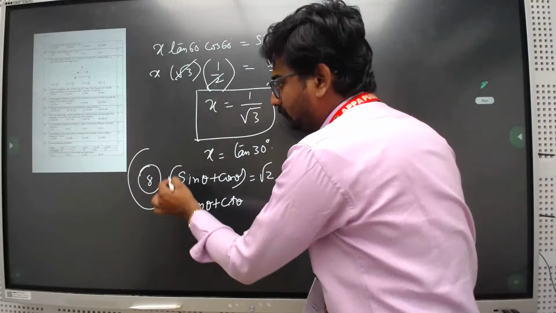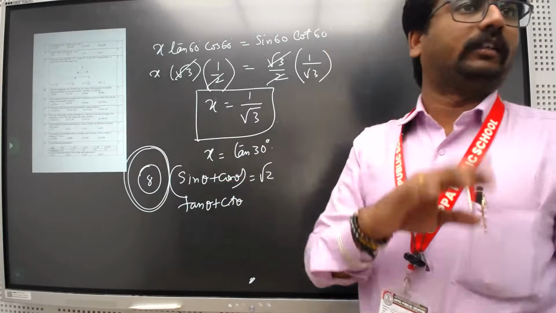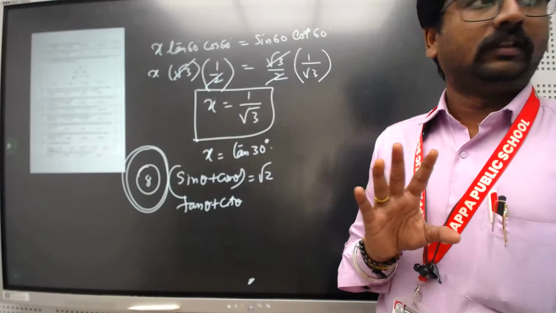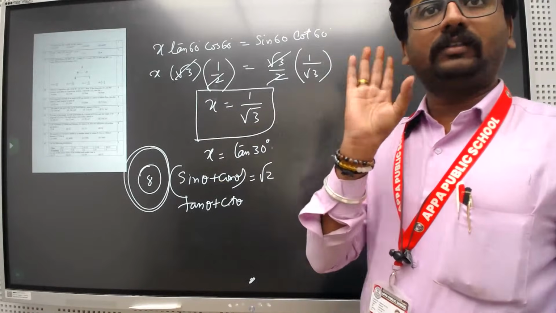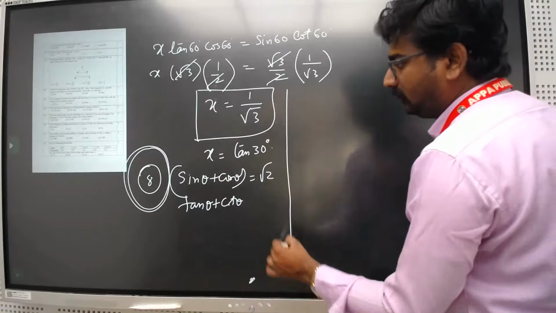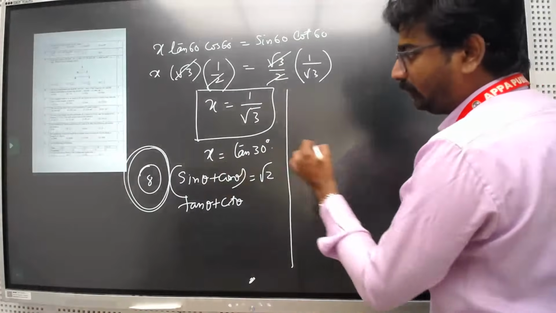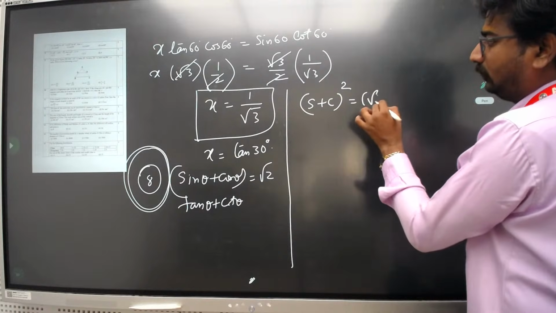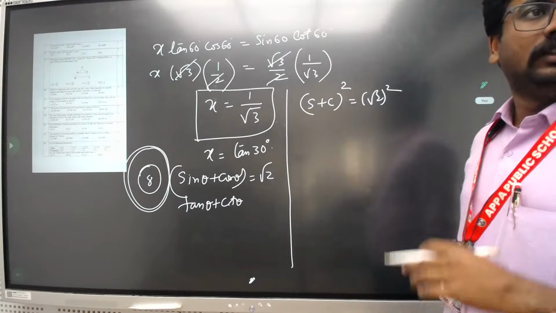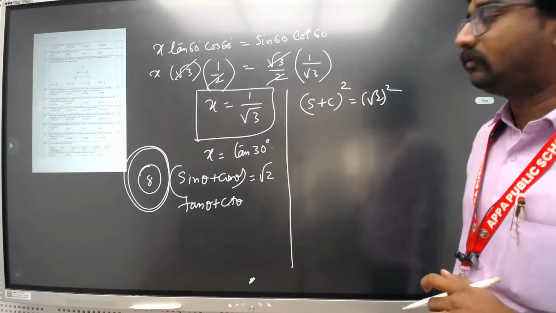Whenever such problems are there, whatever is given, you square on both sides. That is the hint. What is given, what you should do? Square on both sides. 50% of your solution you will get. Now instead of writing sin theta plus cos theta, I will write in short form. When you square on both sides, it will be s plus c whole square is equal to root 2 square. S means sin, because MCQ is there, that's why I'm writing in short forms.